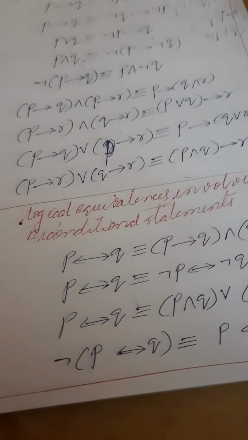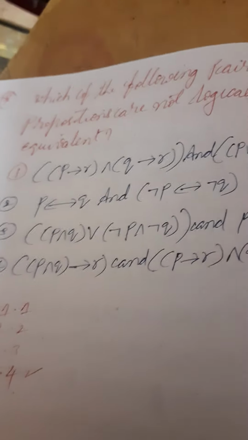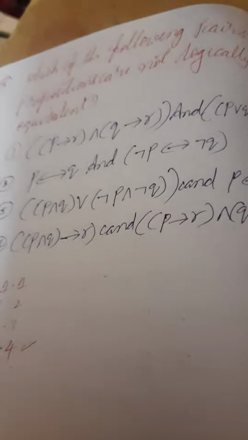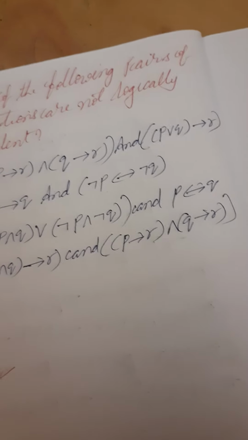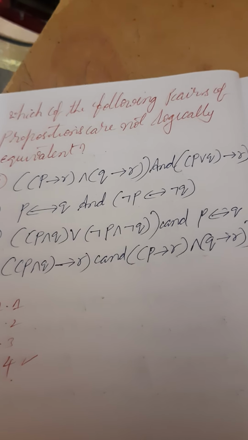Now I will show the question, then you can realize how the statement came. This is exactly the question that came. Here he gave the question: which of the following pairs of propositions are not logically equivalent. Some he has paired as equivalent. He is asking which of the following is not equivalent.